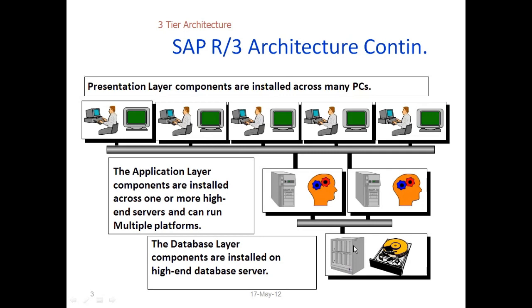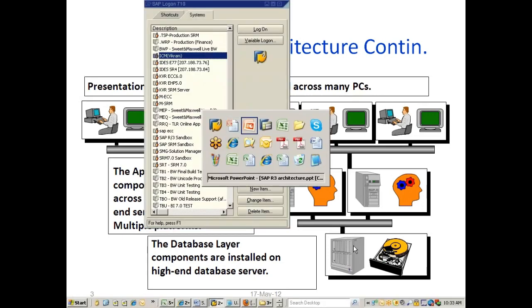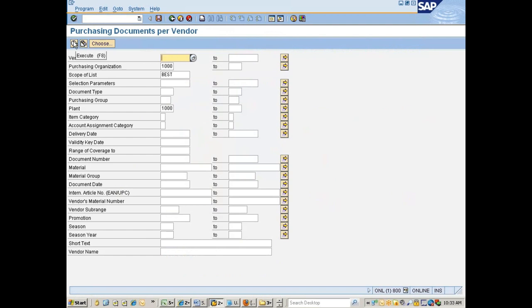You cannot. If you have multiple databases, the system will not know from which database the record needs to be picked up. Because what we do in the programs as a developer is, for example, when I execute, a query will be built inside the program saying select all purchase orders created for plant 1000, for purchase organization 1000, between so and so date, in which system, in which server.